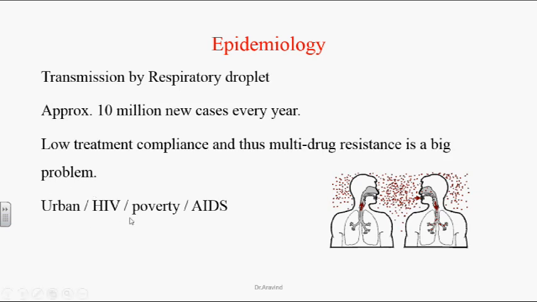HIV infected patients are more prone to get this infection compared to normal individuals. Poverty, because of poor socio-economic status, crowded living areas, poor immune system, and malnutrition patients are always susceptible to this infection. AIDS is one of the major susceptibility factors for this infection.